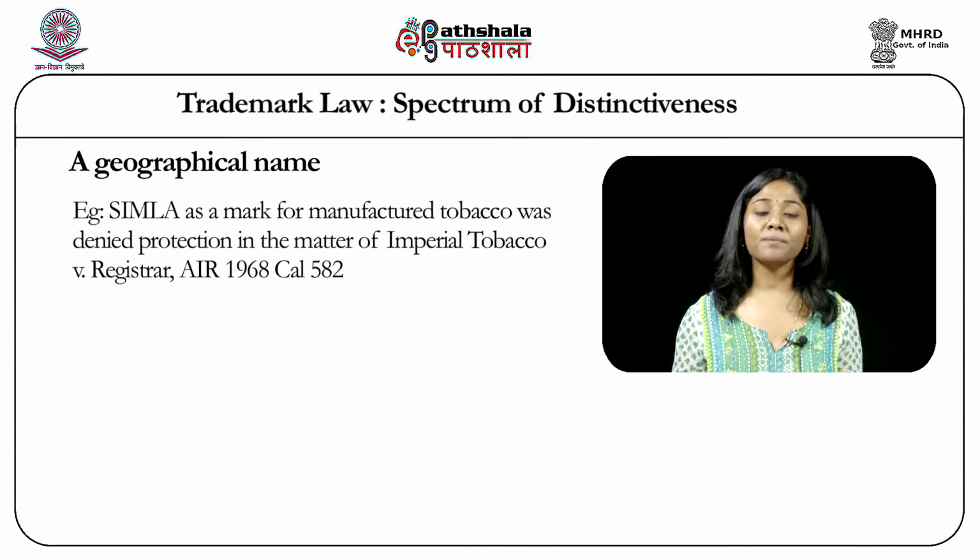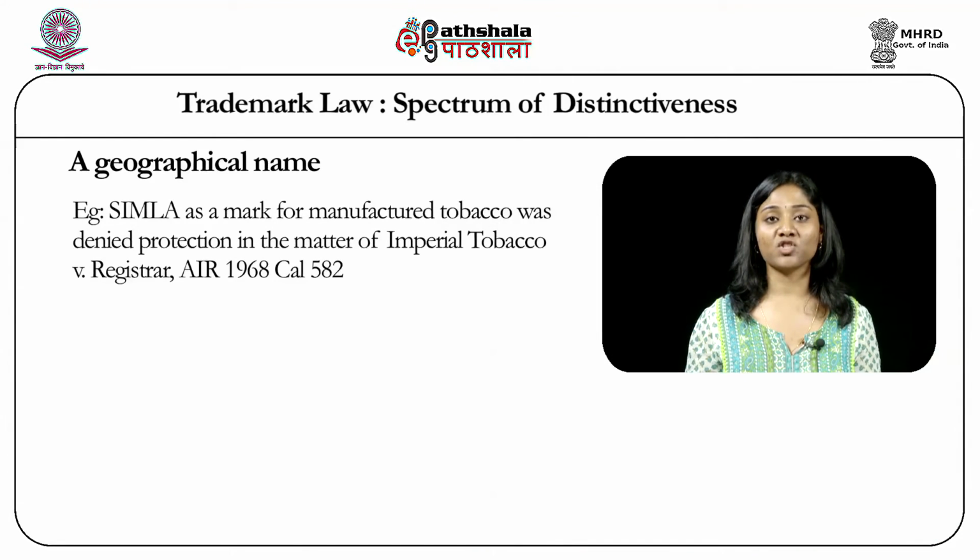Acquired distinctiveness, as I mentioned earlier, depends on the trademark already being in the market and being used, and thereafter the consumer identifying that trademark through its marketability as having a certain distinctiveness, a certain quality, or a reputation of its own. An example of a geographical name would be Shimla.